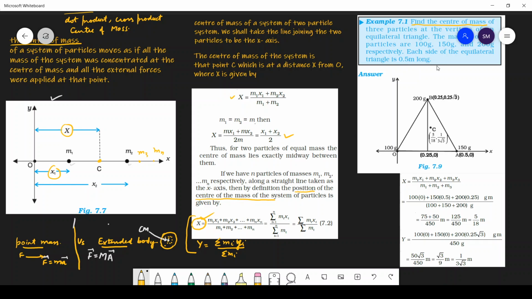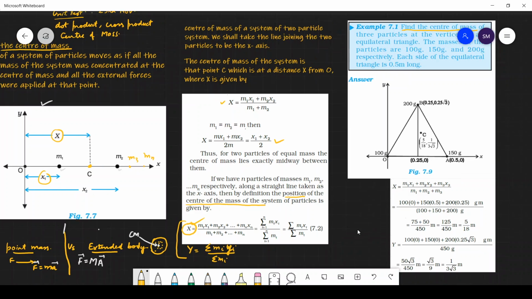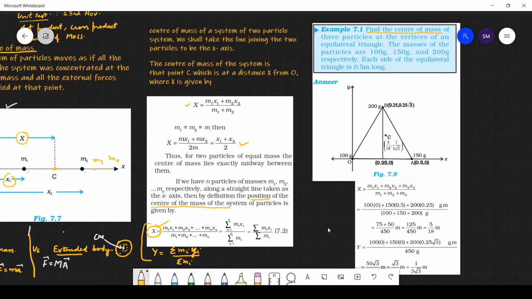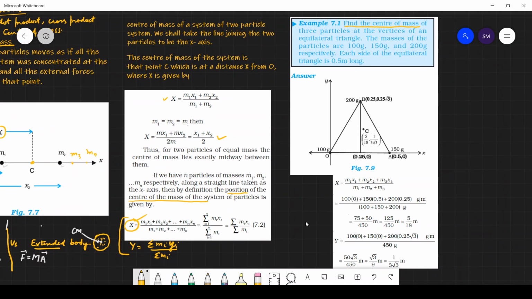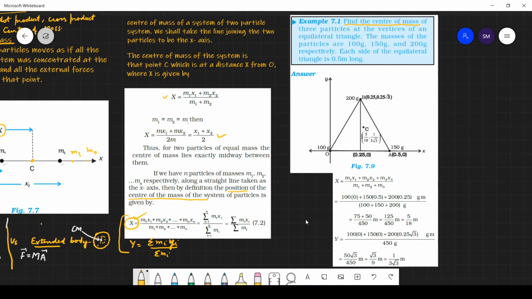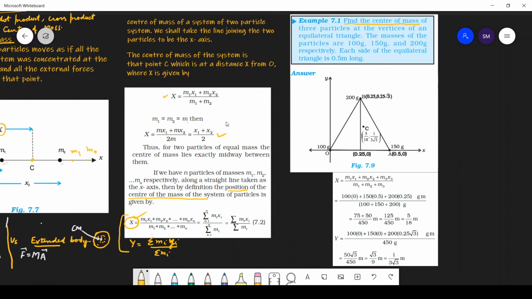Look at this question: find the center of mass of the three particles at the vertices of an equilateral triangle. The masses of the particles are 100 grams, 150 grams, 200 grams respectively. Here we have 100 grams, that is your m1, here 150 grams, that is your m2, and here 200 grams, which is your m3.